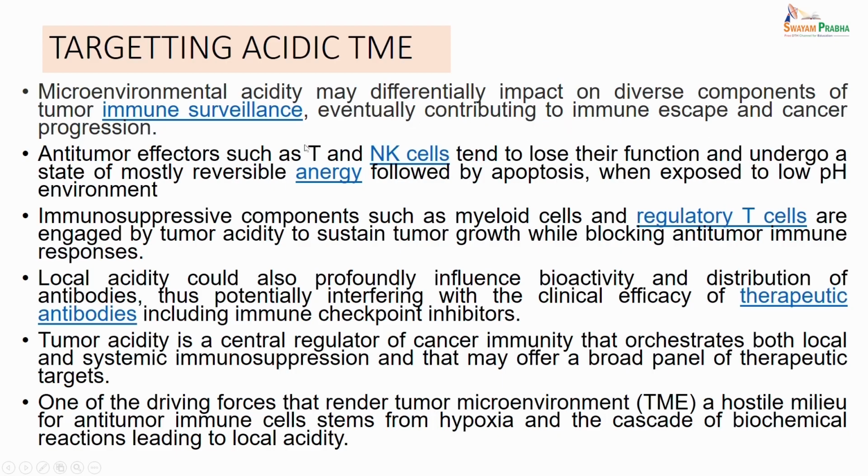So, the main important mechanism here is that tumor immune surveillance fails. The anti-tumor effectors like the T cells and the NK cells tend to lose their function. They undergo a state of reversible anergy, which is followed by apoptosis when exposed to a low pH environment. So, in a low pH environment, the T cells and the NK cells lose their function and they undergo apoptosis.